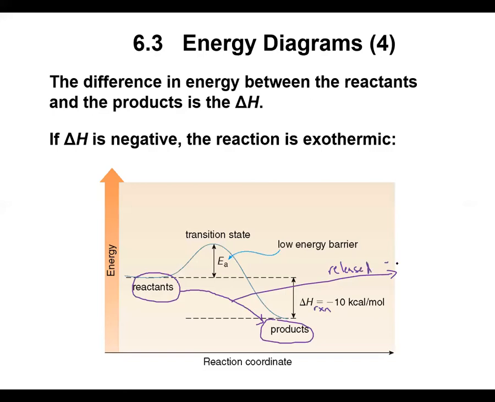So that automatically should tell you exothermic reaction. And the way you could verify that, if you did the calculation, is that we see a negative number there to tell us that it is an exothermic reaction.